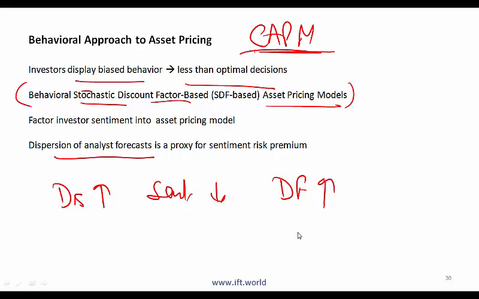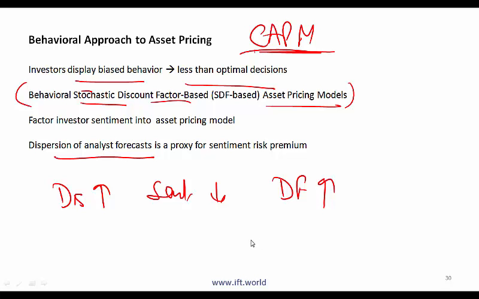Now, if you want to make money out of this, what will you do? You will recognize maybe that the sentiment is irrationally low right now. I'm just adding to the curriculum here, but if you believe the sentiment is irrationally low, you should buy, because that sentiment is reflected in asset prices.